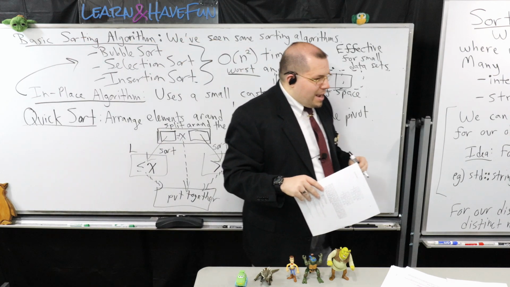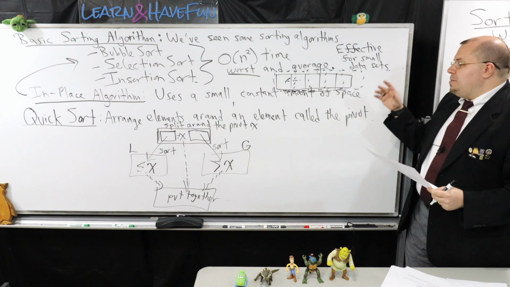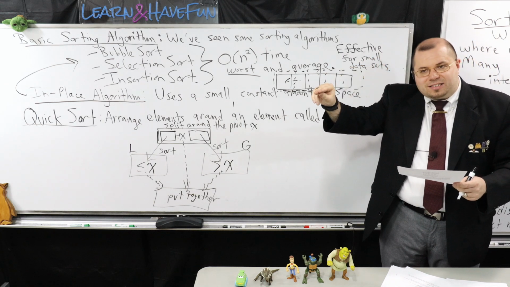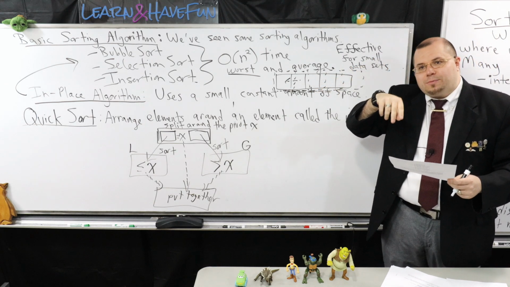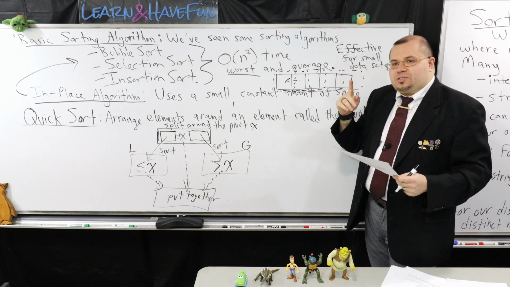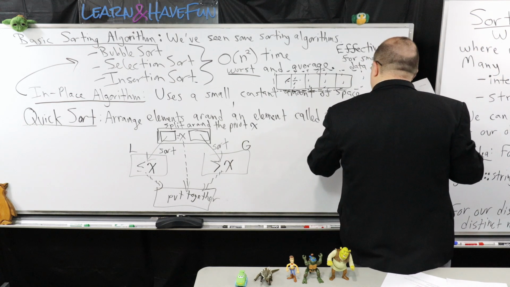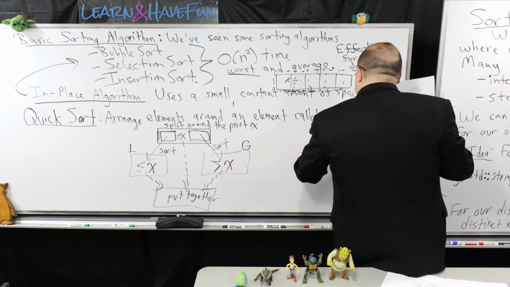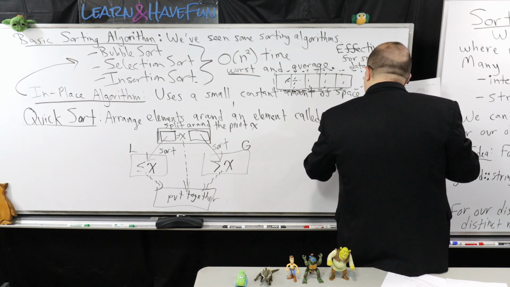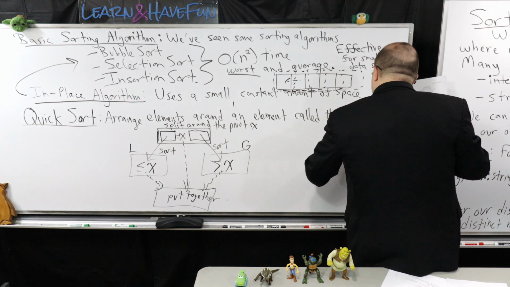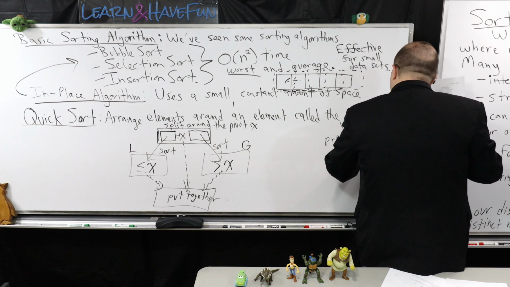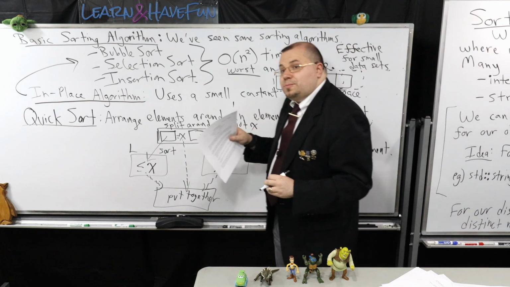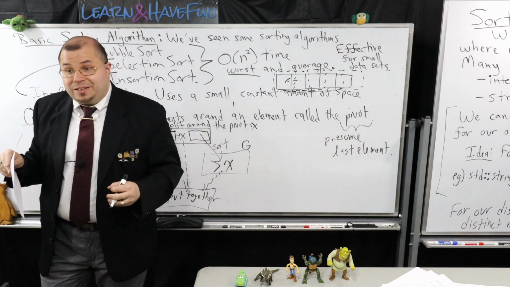Somebody's asking, how do you pick the pivot? What I'm going to presume is that it's always going to be in the last spot in the subarray that we're considering. But I must stress, you actually have control of the selection of this pivot.